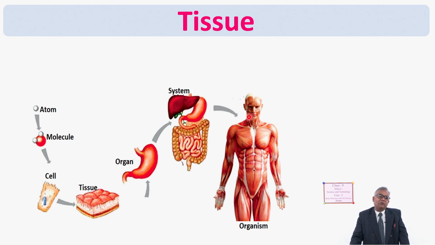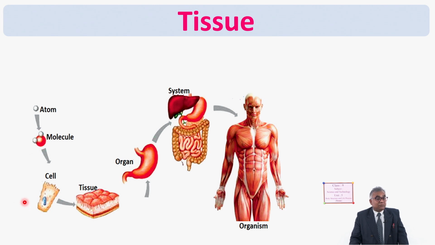Our body is also made of such things. So the main unit, which is invisible, very small, that is atom. When atoms unite, they form molecules, and we have studied that molecules may be micro or macro. Micromolecules change into macromolecules, and these macromolecules, when form some chemicals which can make their copy, that is the initiation of life.